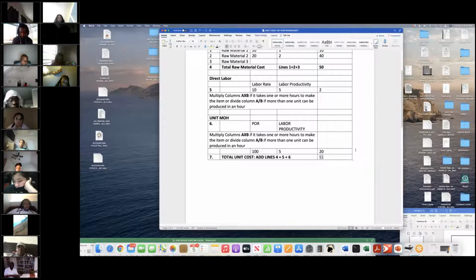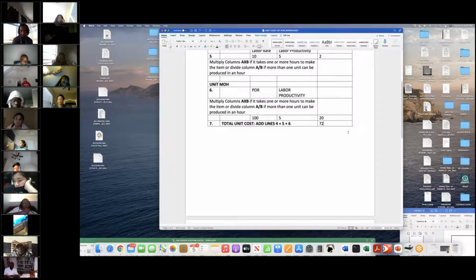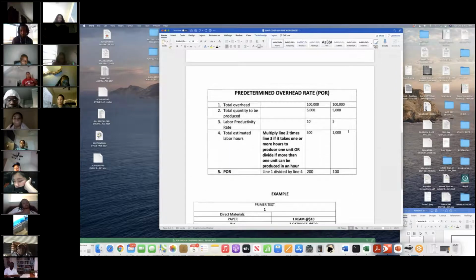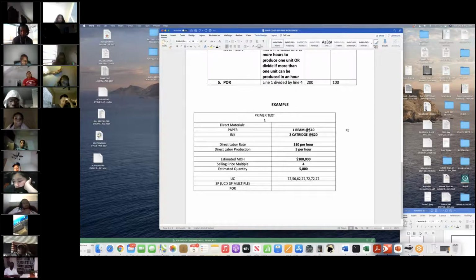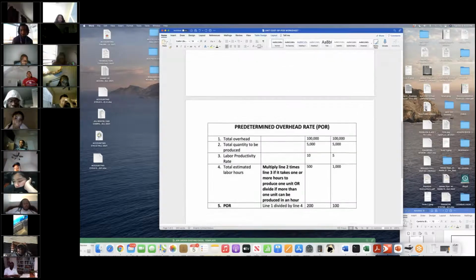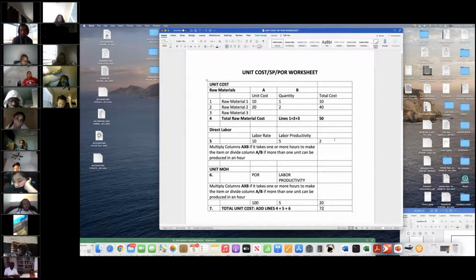So when we add all of these up, 52 and 20, how much do we get? 72. Are there any questions? So begin to work with this. This is a little simpler, and we're only working with one item. So hopefully you're going to be able to work that out.